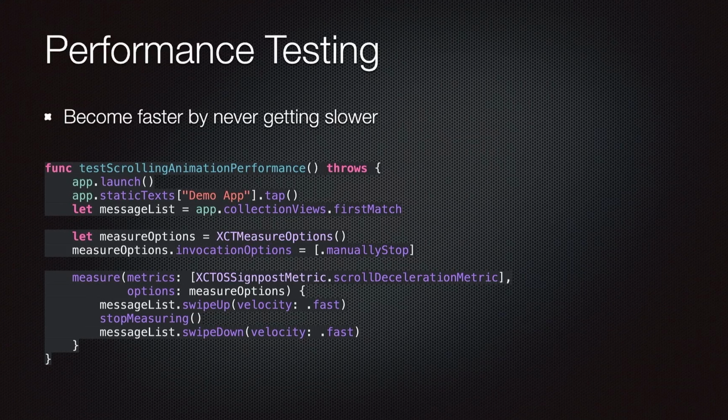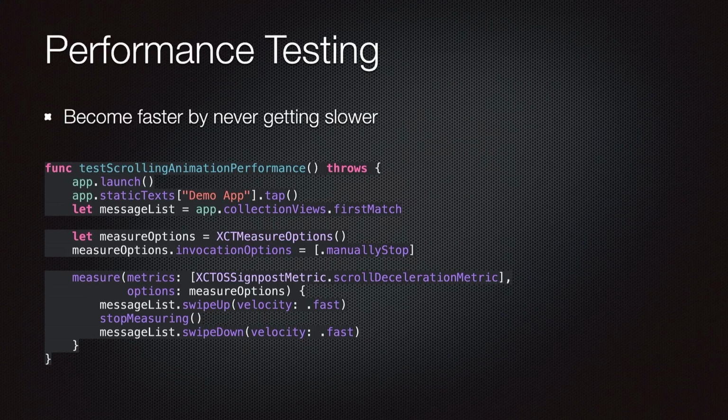Basically you can follow this rule: become faster by never getting slower. And you can do this with, for example, the signpost metric called scroll deceleration metric. Here we have one test that we use for our SDK, where on the same set of data you can do performance tests.